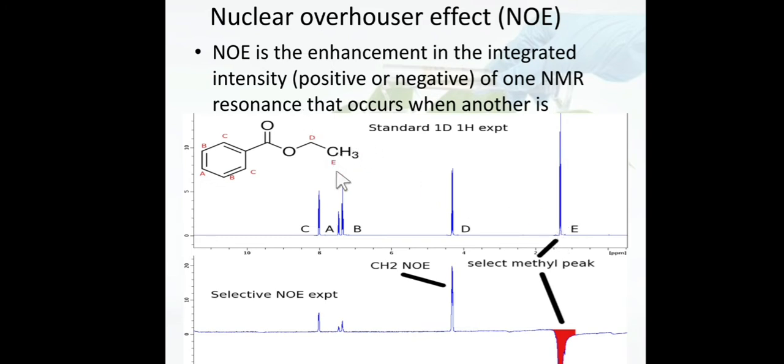If we selectively irradiate this CH3, there is an enhancement in the peak of D. How can we see that? This D peak, as compared to A, B, C, was small, but once the CH3 is irradiated, this peak increases its intensity, and now you can see A, B, C over here and the CH2 over here, which is the enhanced peak.